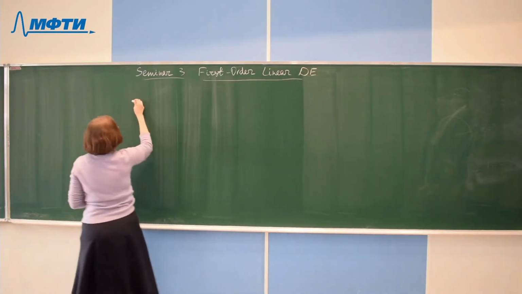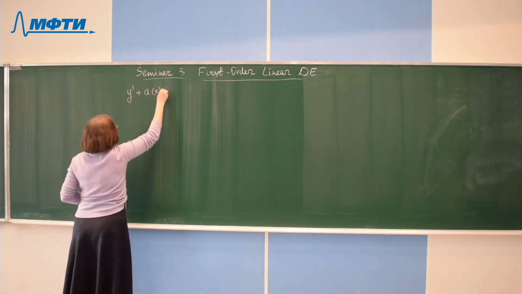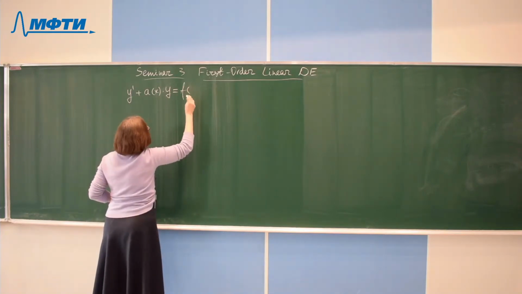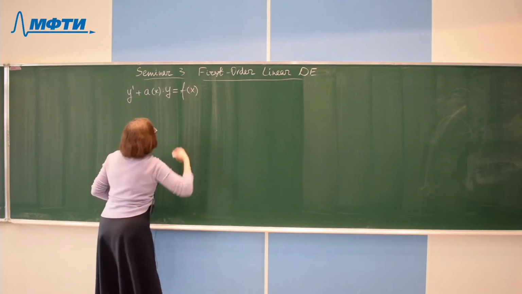These are equations of the form y prime plus a of x times y equals f of x.